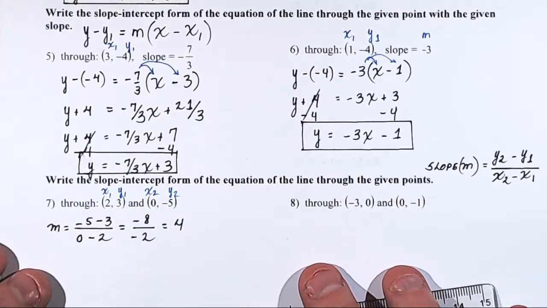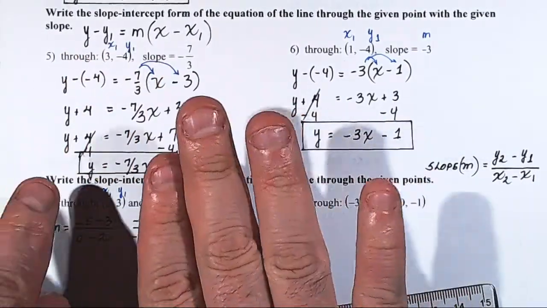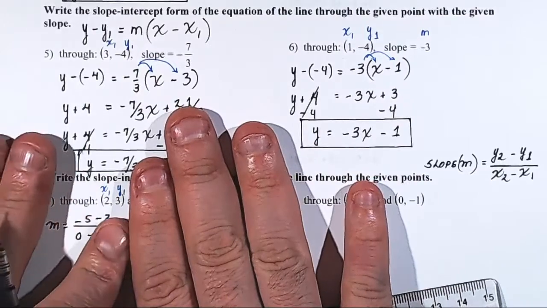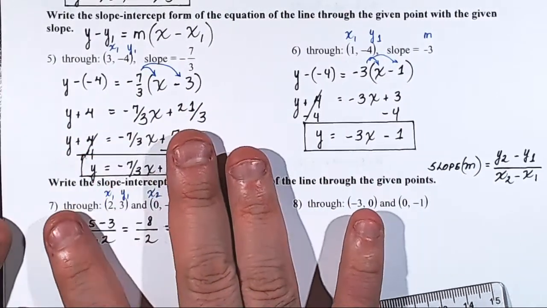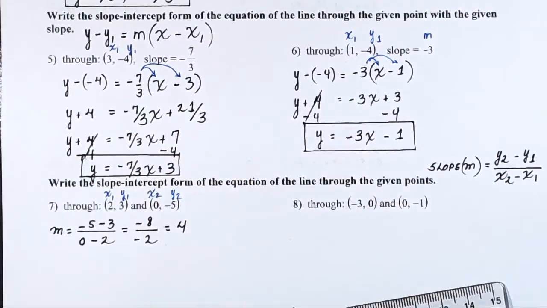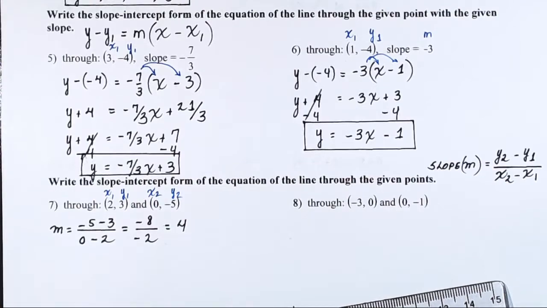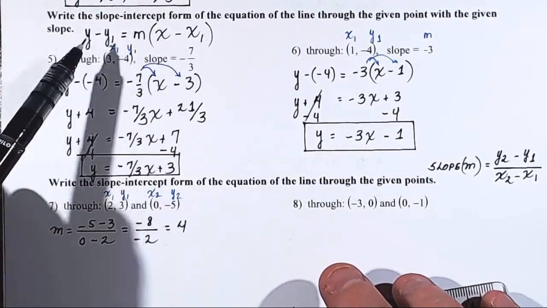Now I can use the point slope formula. We just need to use one pair of points here. You could use either pair of points. Typically, I just go with the first pair for no other reason than the point slope formula says to use x1 and y1.